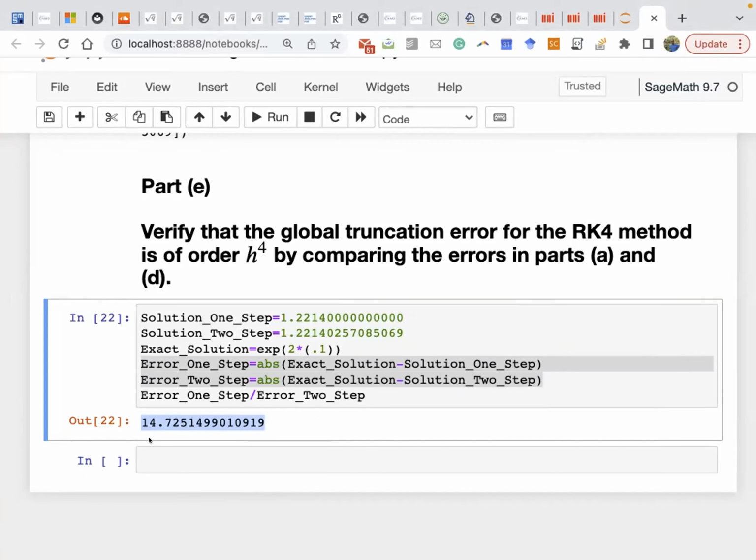We just did it. Question 1, O(h^3). So if you divide them, the step sizes are 1/10, 1/100.